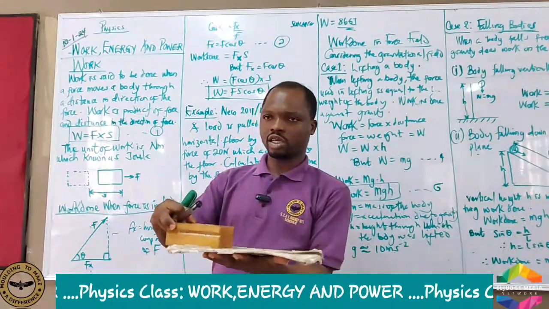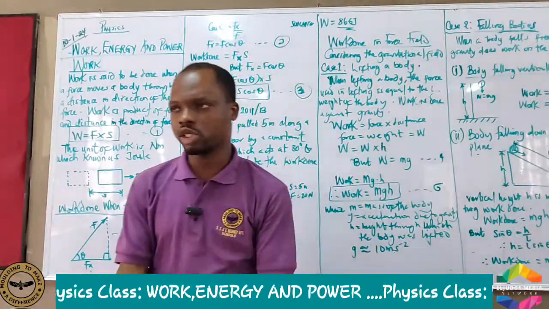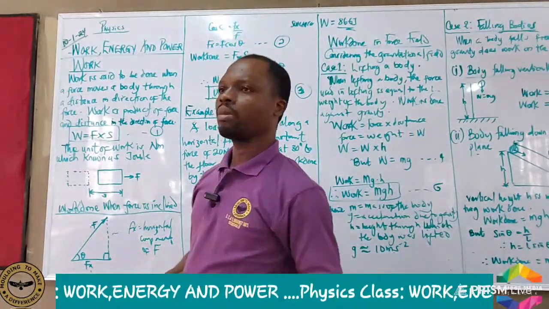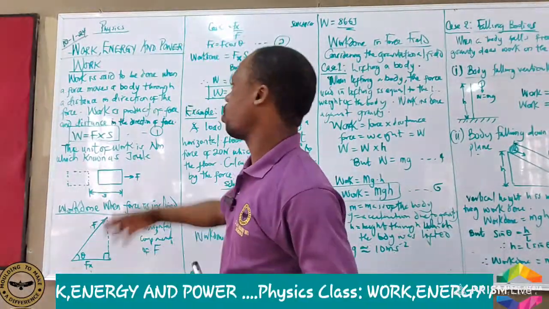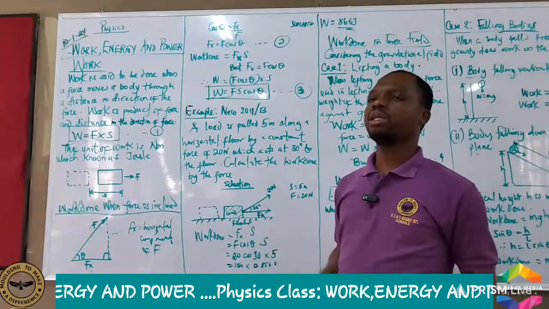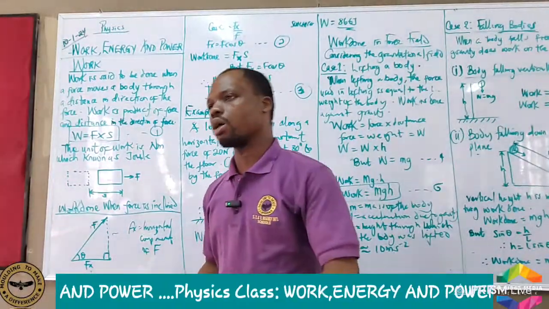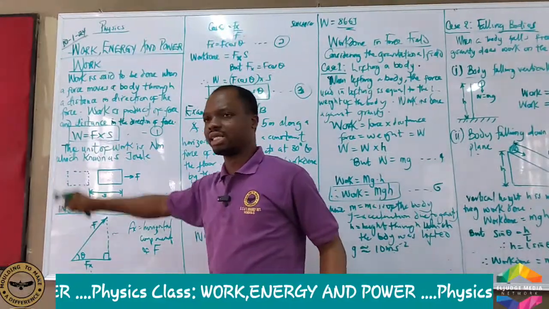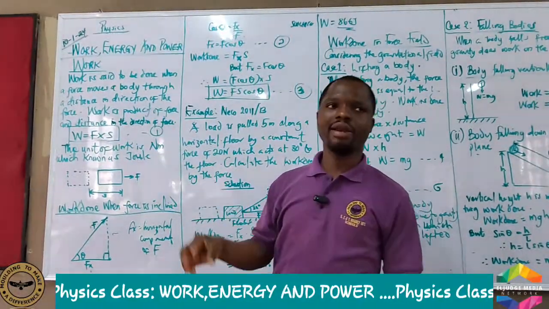So it must be in the direction of the force. Work is said to be done when a force moves a body in the direction of the force. Or we can say work is the product of the force and the distance moved in the direction of the force.